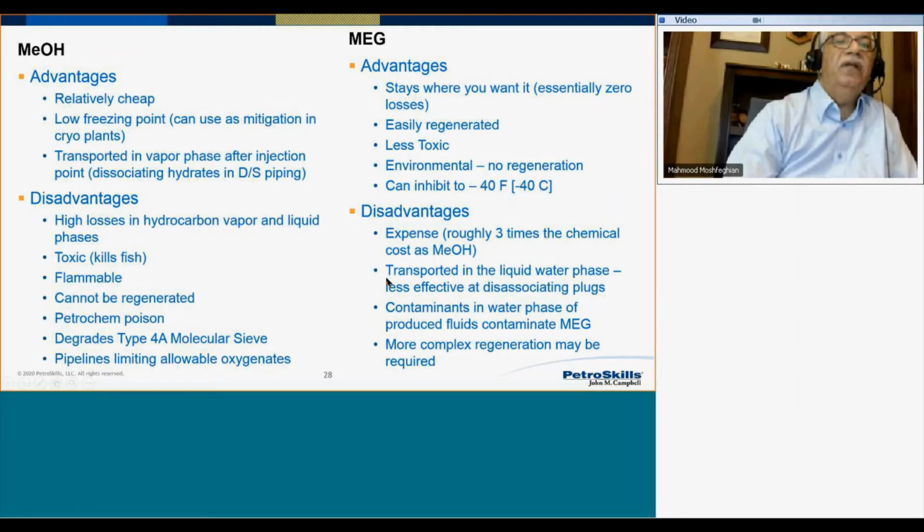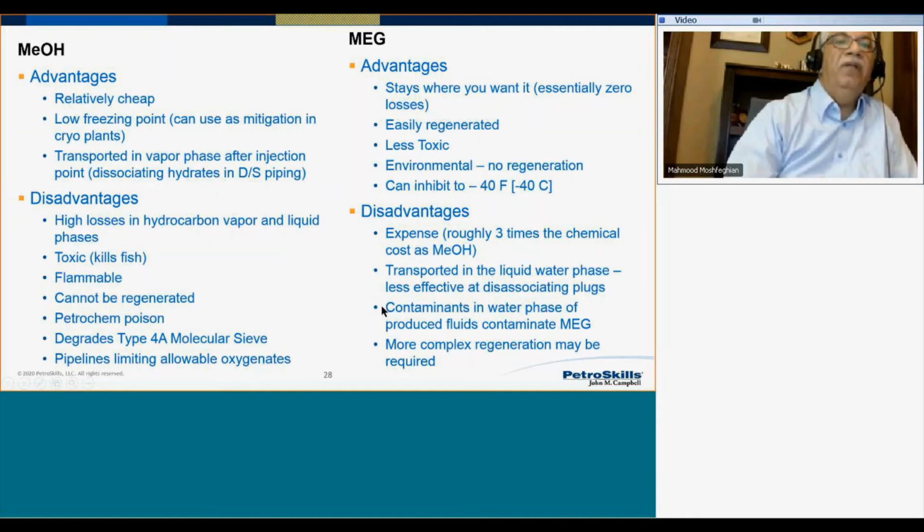Glycol does not have this effectiveness for surface pipeline, but for the well, which is vertical, some people use MEG to melt the hydrate plug in the tubing of the well.